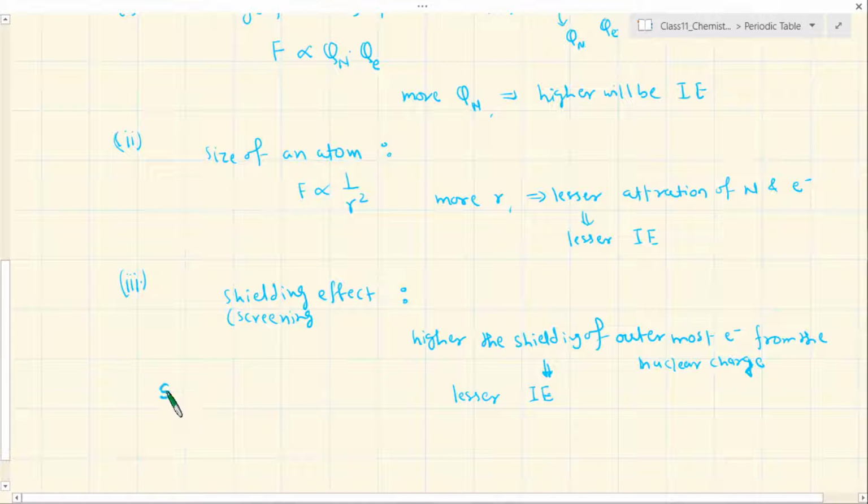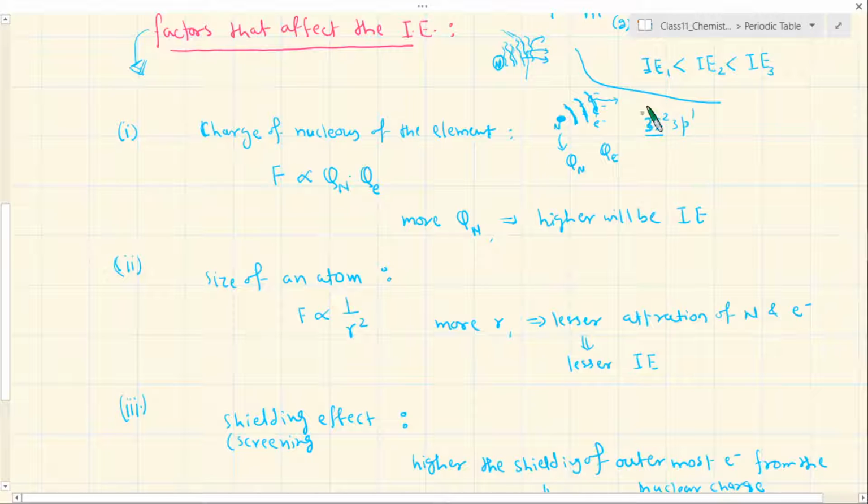The electron in the s orbital will cause more shielding effect than the electron in the p orbital, then the electron in the d orbital, and then the electron in the f orbital. The electron may be in the same outermost shell, but if the electron is in the s orbital, the shielding effect is more; if the same electron goes in the p orbital, the shielding effect will be less.